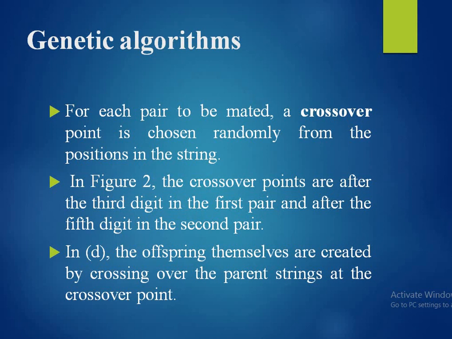In figure 2c, the crossover points are after the third digit in the first pair and after the fifth digit in the second pair. In figure 2d, the offspring themselves are created by crossing over the parent strings at the crossover point.